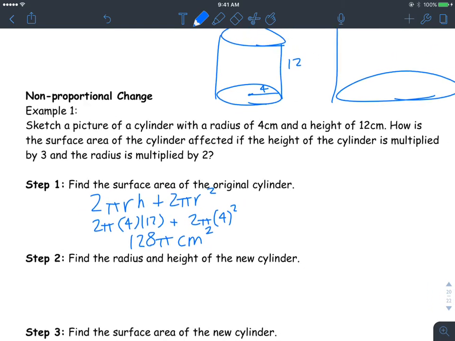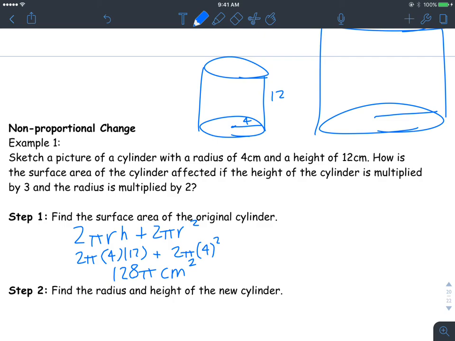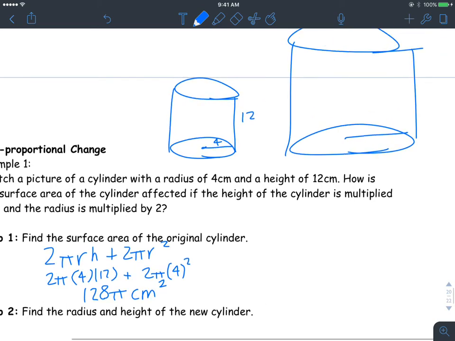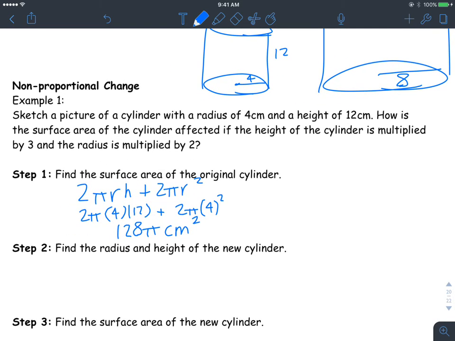So then they're going to affect the radius and height. They say the height is multiplied by 3, so that'd give us 36 for the new height. And then the radius is multiplied by 2, so that'd give us 8 for the new radius. So then we'll take those dimensions there. Radius is 8, height was 36.